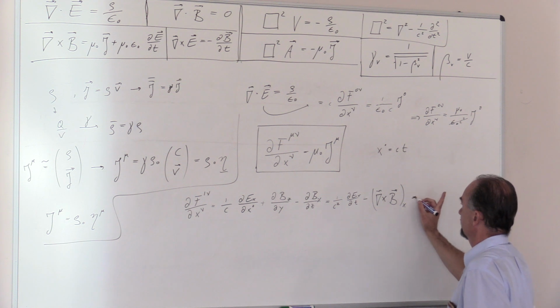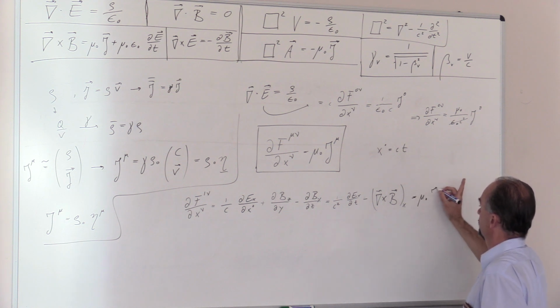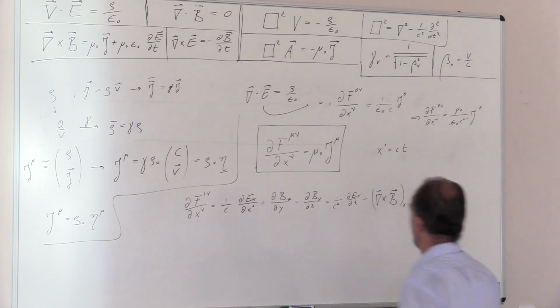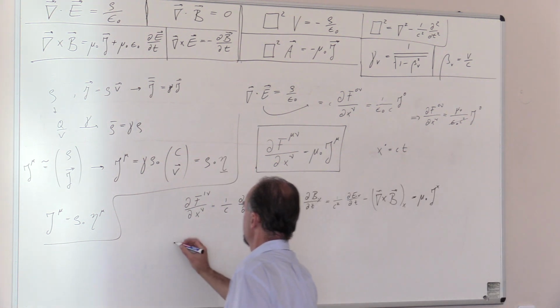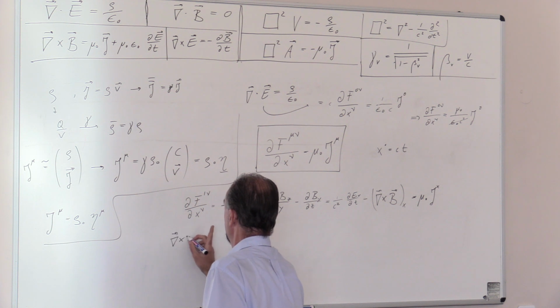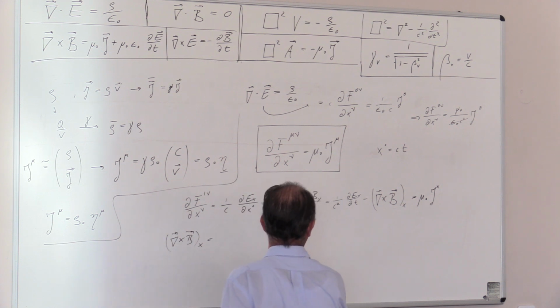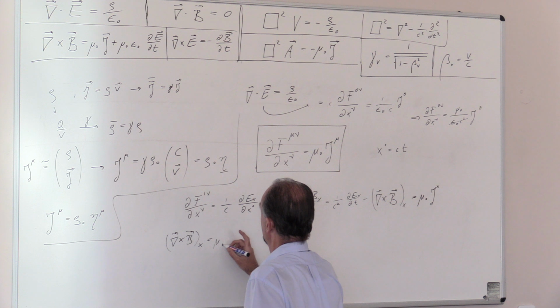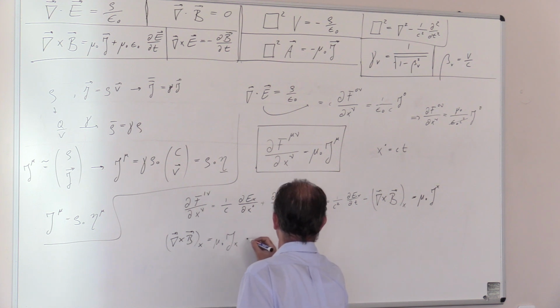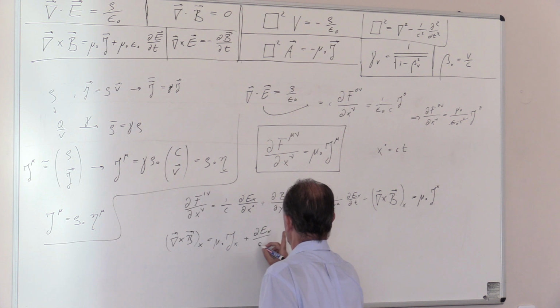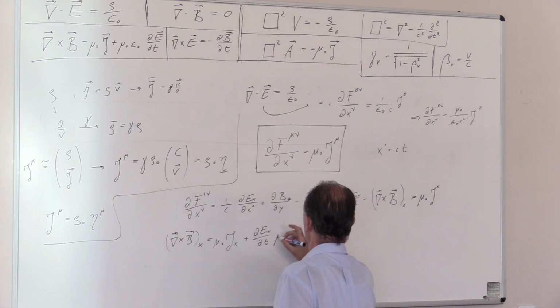And what we have on the right side is mu naught j, which would be 1, that is the x component of j. Okay, so write this in terms, so we have curl B, x component equals mu naught j, x component plus d E_x over dt, 1 over c squared is mu naught.